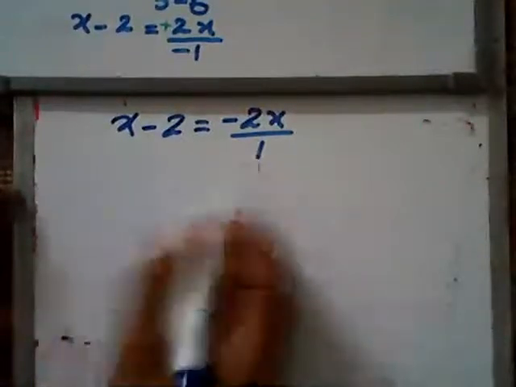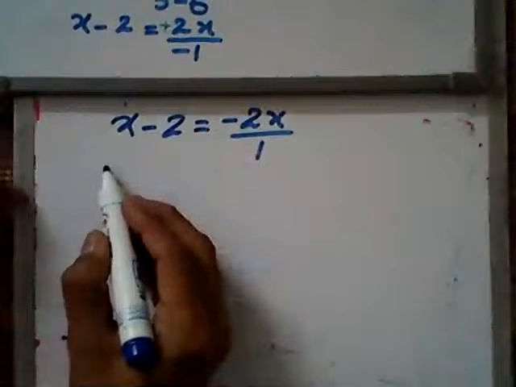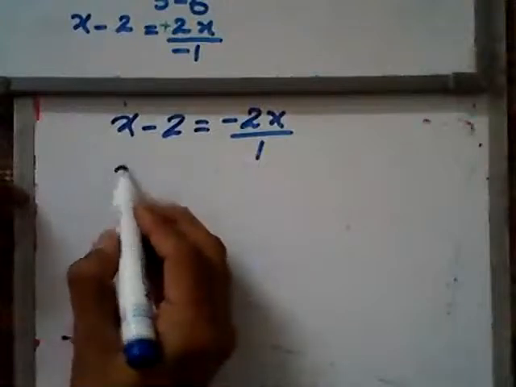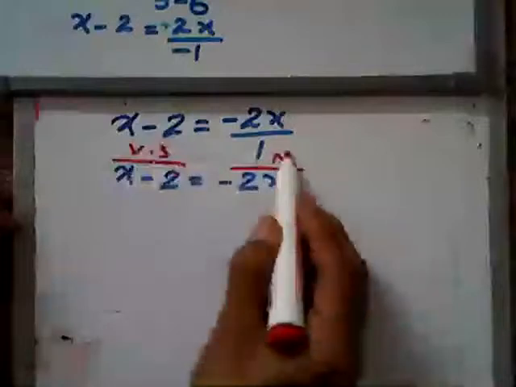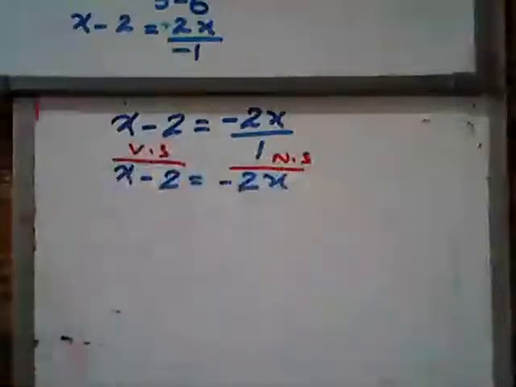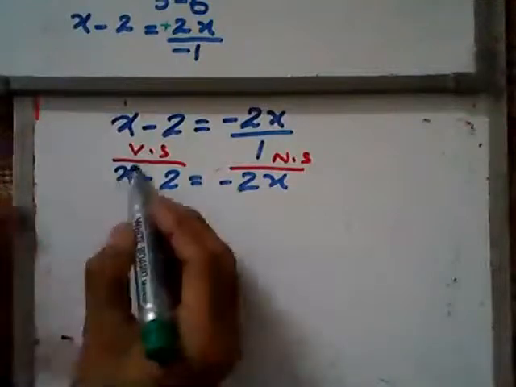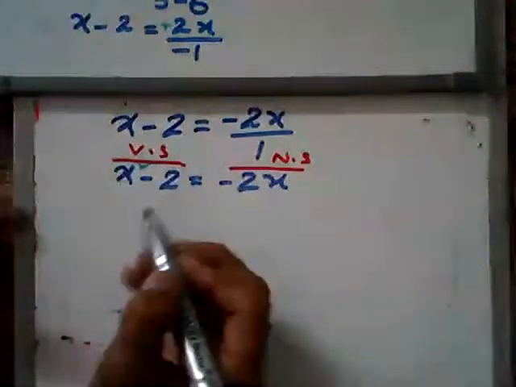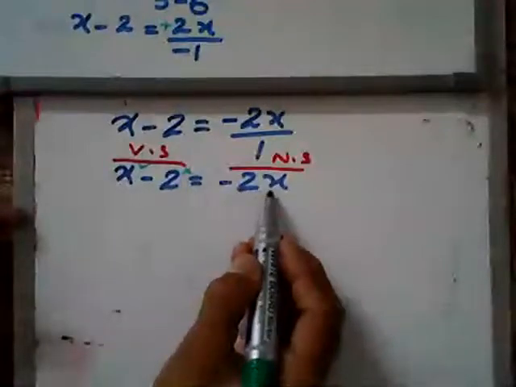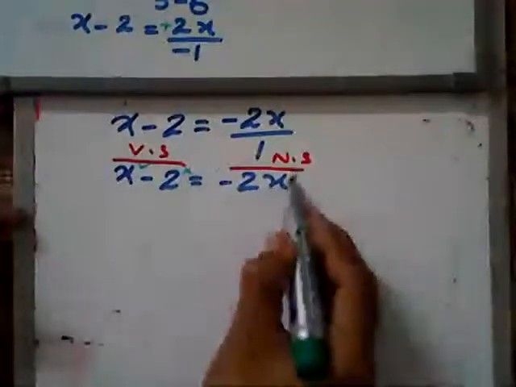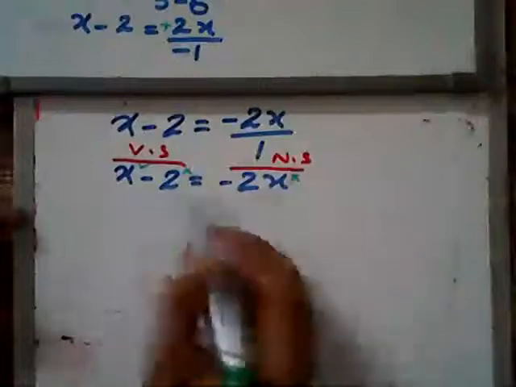Now we are out of the fraction. We know this is the variable side and this is the number side. A variable at the variable side is the right place. Numbers at the variable side, wrong place. A variable at the number side, wrong place. So both of these are to be tackled.